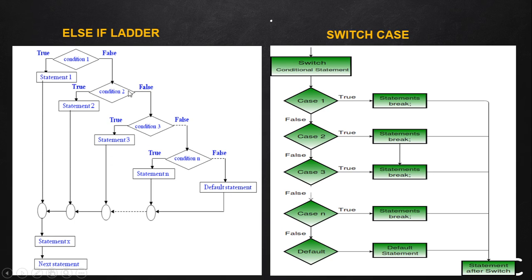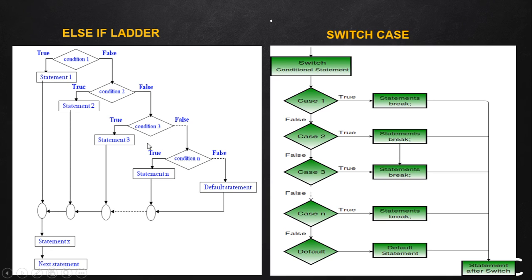If the second condition is again false, then go for the execution of the third condition. If the condition is true, then execute a particular set of statements and directly go for the execution of the remaining part of the program which is present outside this else if portion. If the third condition is again false, then go for the next condition checking and so on.